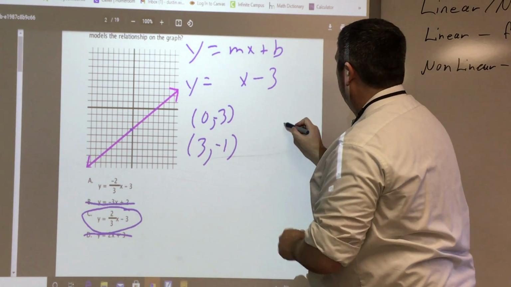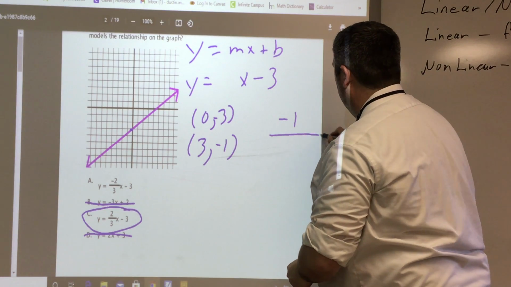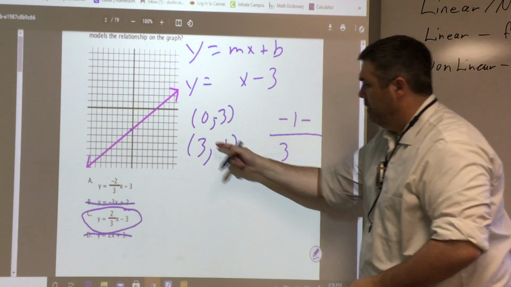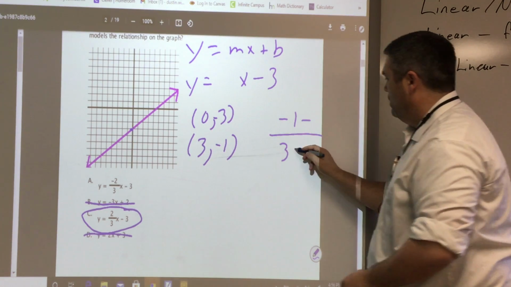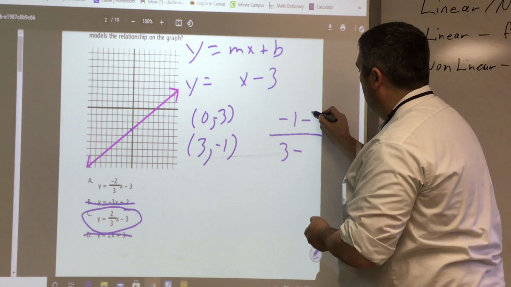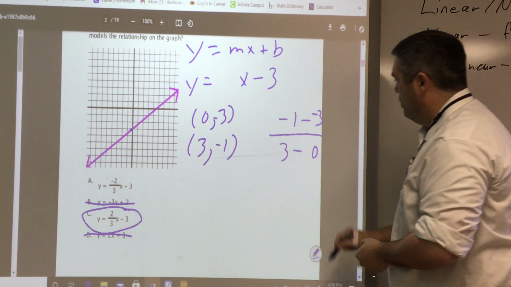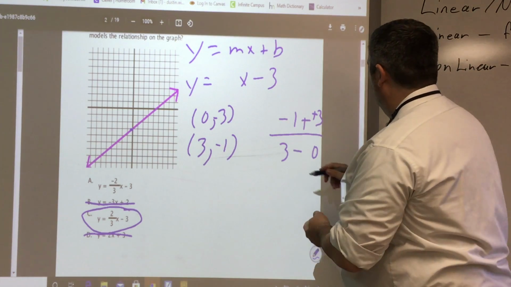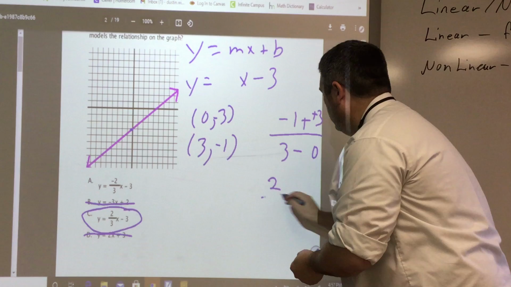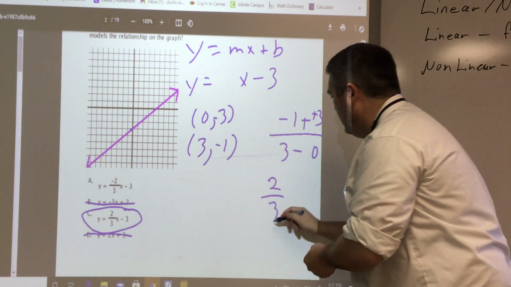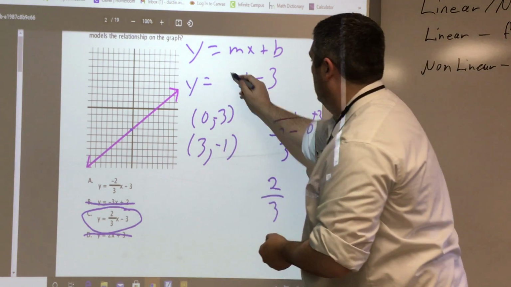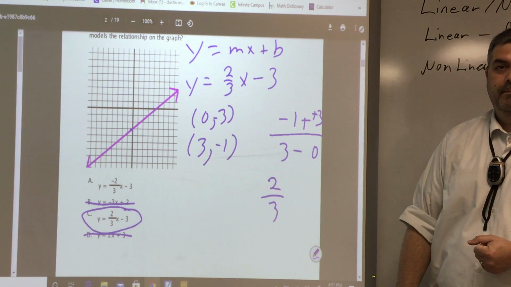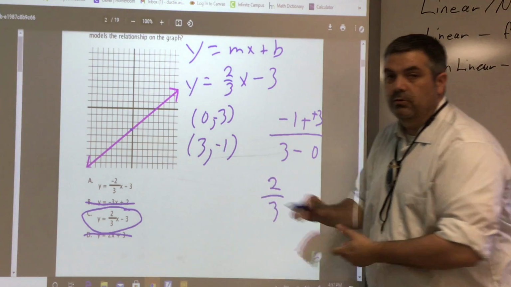So negative 1 goes there, that means 3 goes there. This is the y, this is the x, minus, minus, then negative 3, 0. Negative 1 minus negative 3 is 2, 3 minus 0 is 3, so 2 over 3, 2/3. Y equals 2/3 x minus 3. Okay? That's what you're looking to do here.